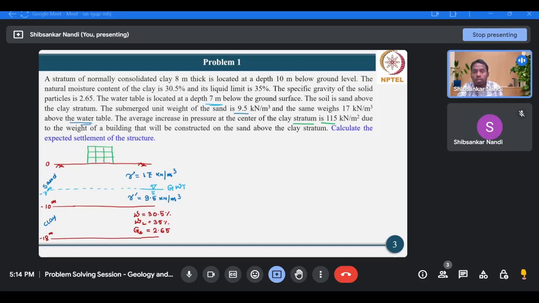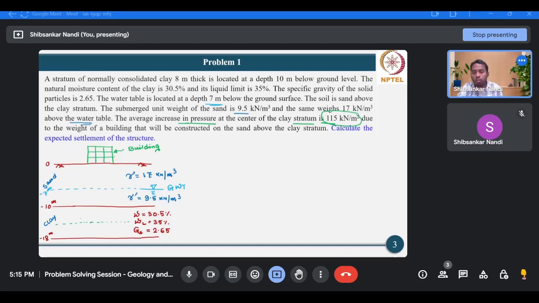So this is the proposed building, and for that the center of the clay will experience an average increase in pressure of magnitude 115 kilonewton per meter square.